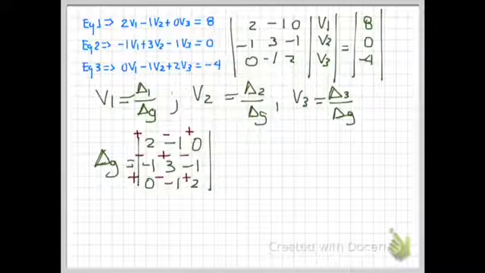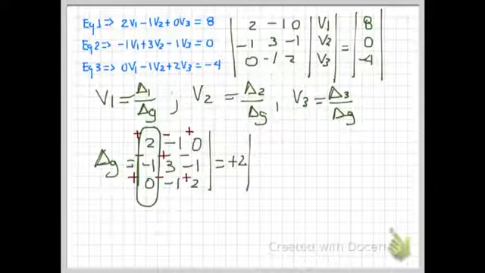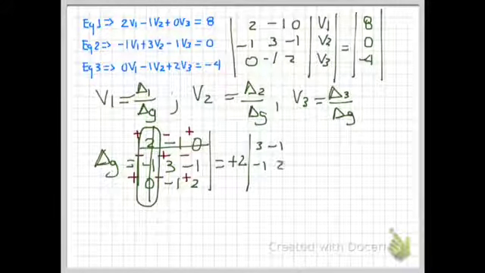We also need to select the column or row that we're going to use to solve for this determinant, and we're going to use this column. So I'm going to write the positive sign, the number 2, multiplied by the minor that is left, which in this case is 3, minus 1, minus 1, and 2.